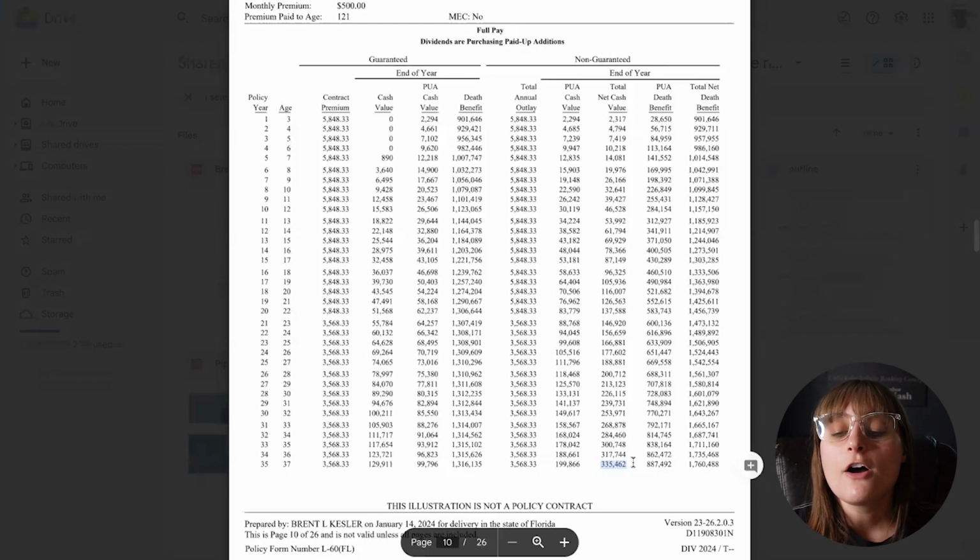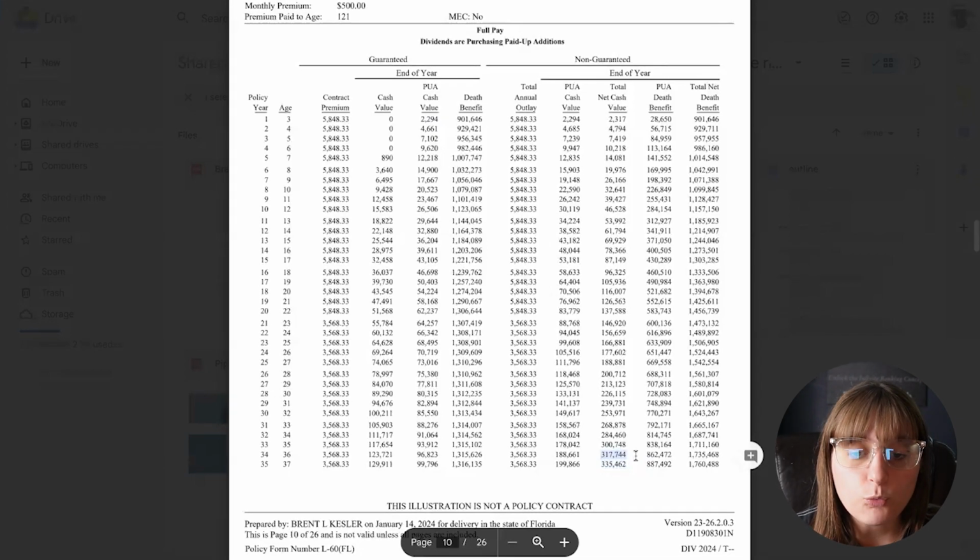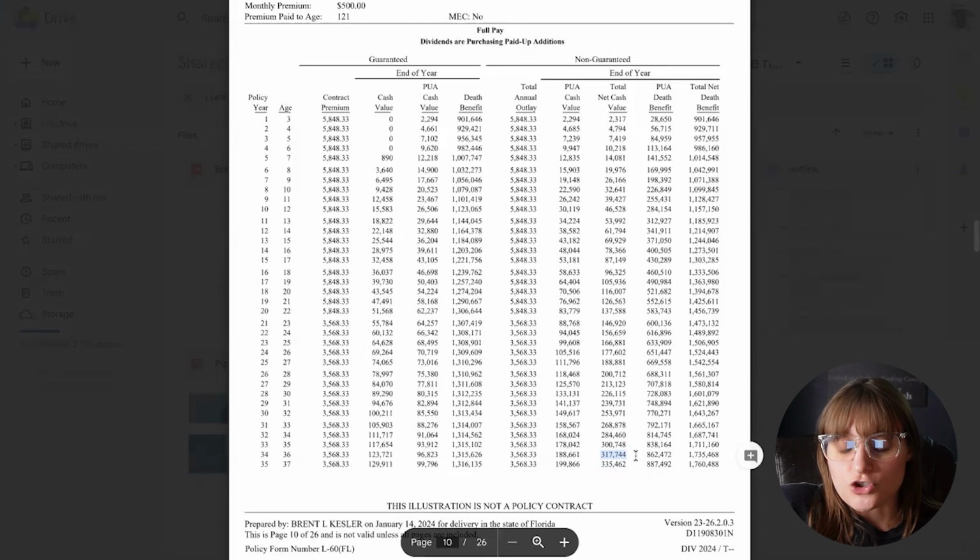what happened from year 34 to year 35. So year 34, we had 317,000 of cash value in that policy. Well, in year 35, Monroe put in a net injection of $3,600 inside of this. So she put in $3,600 and her cash grew from 317 to 335.